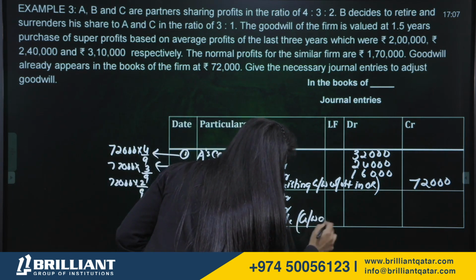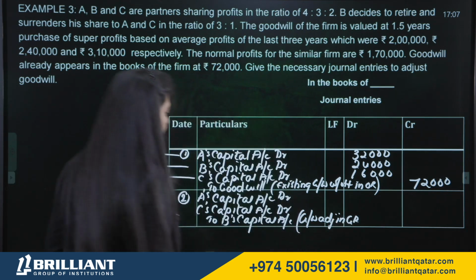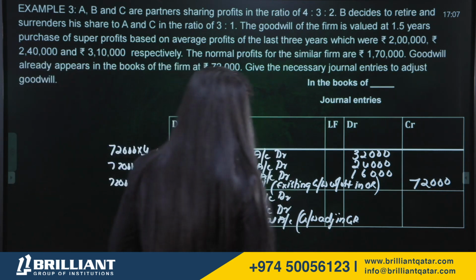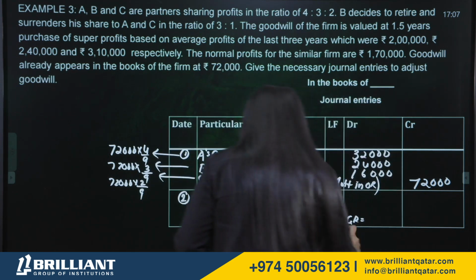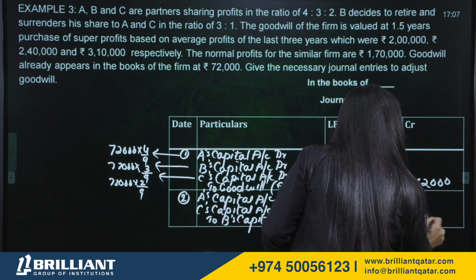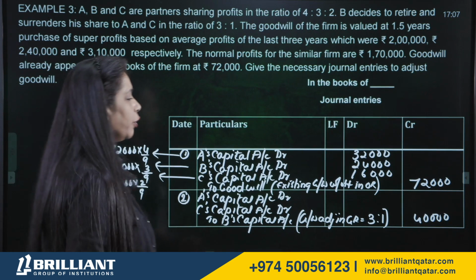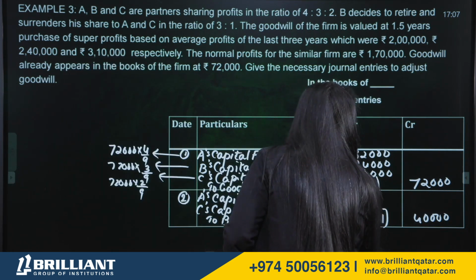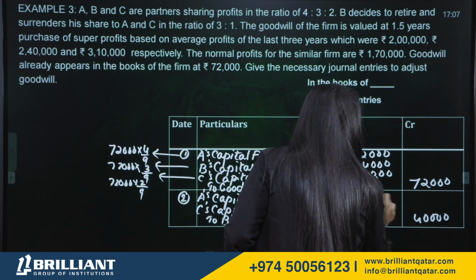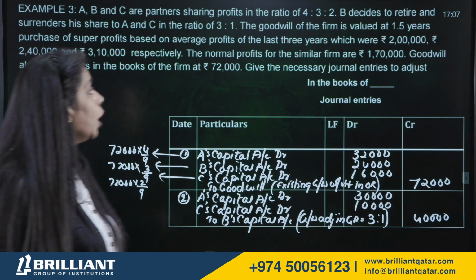Goodwill adjusted in gaining ratio. So that you have is 40,000 and gaining ratio is 3:1. So how much does A get? In case of A, it is 40,000 into 3 by 4, that is 30,000, and 10,000. So I hope this is clear to you all.